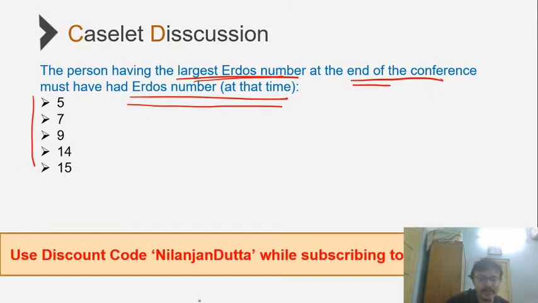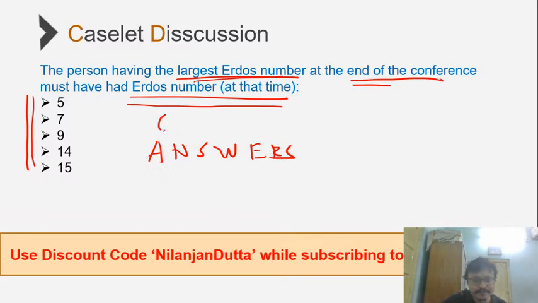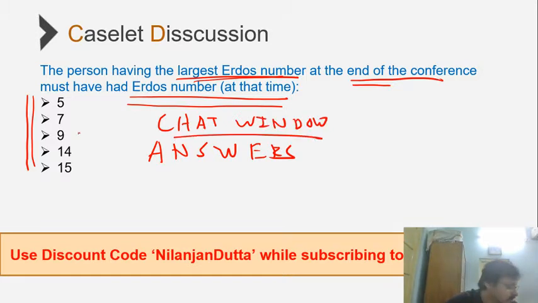So let's go question by question. First question, largest order of number answers. Use the chat window to provide your answers. First question.